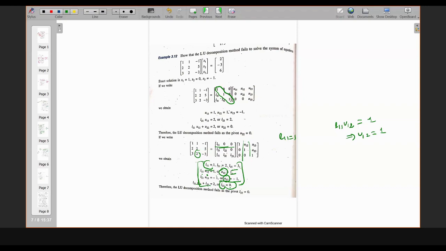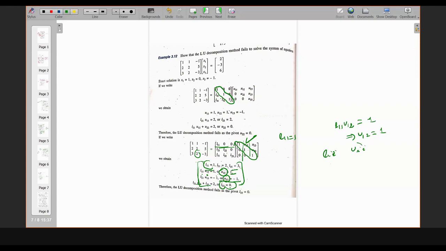In the other case you can take the diagonal elements of the upper triangular matrix as 1. Then you solve this, and if you find that the pivot elements Lii or Uii equal 0, then you say that this method cannot be applied to find the solution.